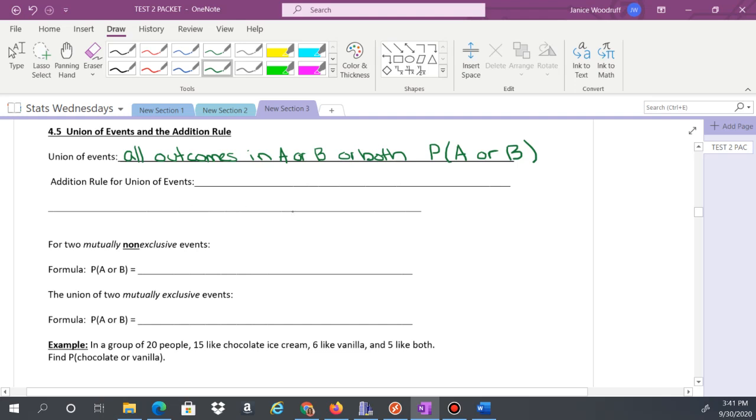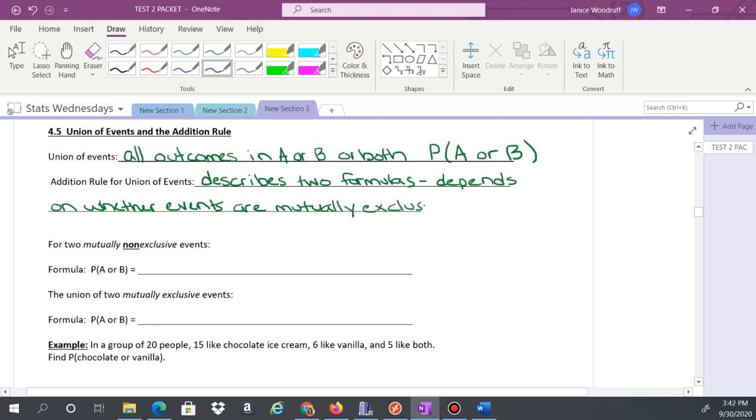So the addition rule describes two formulas. And in those two formulas, it will depend on whether the events are mutually exclusive or not. Okay, so let's look at an example of this.